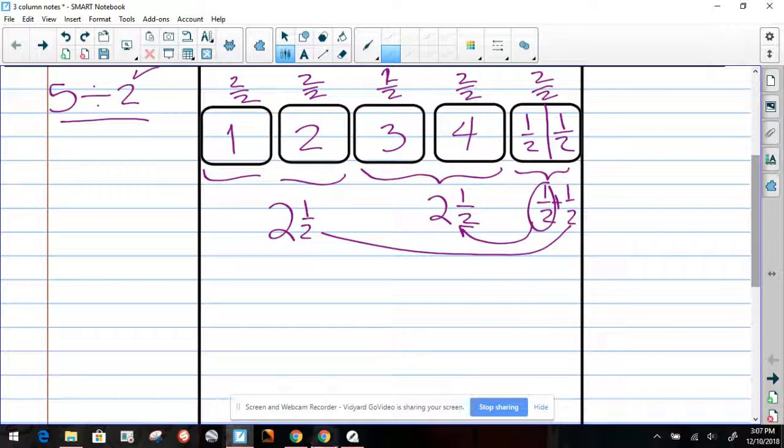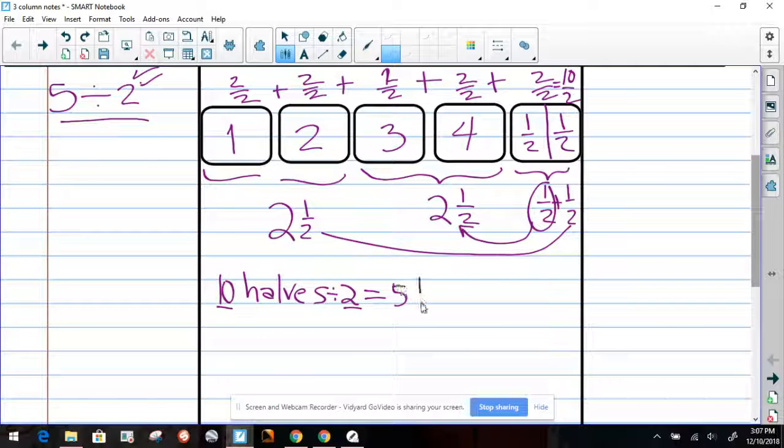When you add this all together, it's going to add up to 10 halves. So now then you write it right here, 10 halves, and we know that 10 halves is divided by 2. When you say 10 divided by 2, the answer is 5 halves.